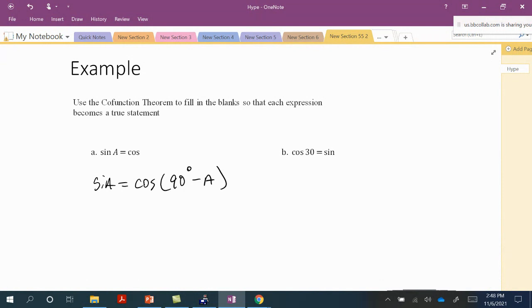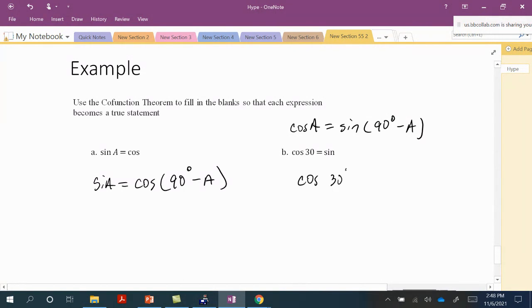All right, now let's take a look at the second example. The cosine of 30 is equal to the sine of blank. So we'll take a look at our formula. I'm going to write the formula above the problem. It says that the cosine of A is equal to the sine of 90 degrees minus A. So I'm simply going to substitute A for 30 degrees in the formula.